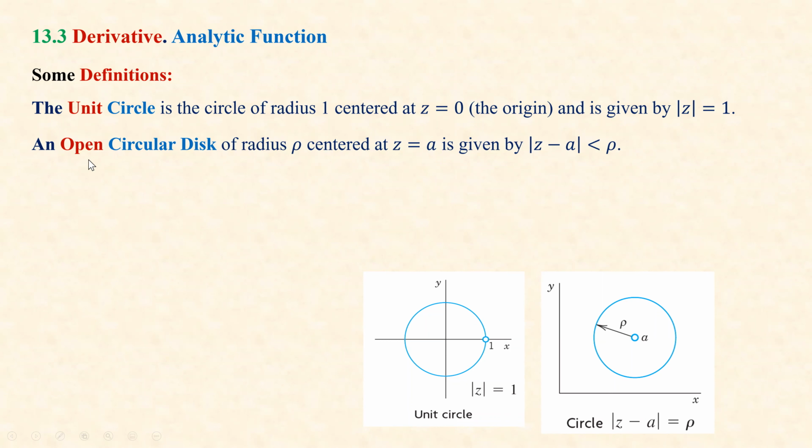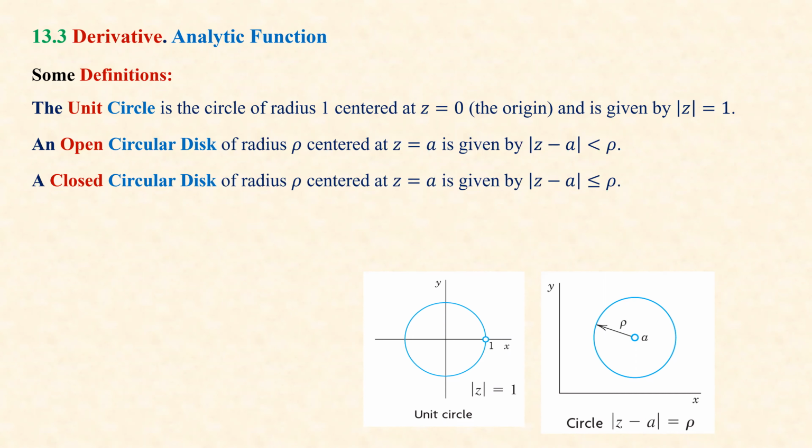Why do we call them open? We are going to define what we mean by an open set in the complex plane later on, shortly. All right, so this is an open circular disk. A closed circular disk of radius rho centered at z equal to a is given by the same thing but with equal also in it.